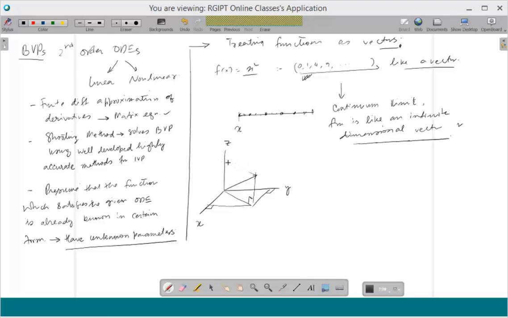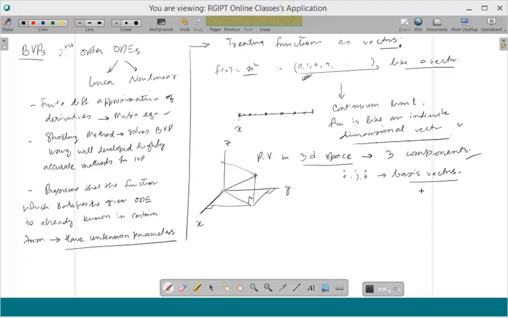In 3D space, I have a position vector with three components, which is why it's a three-dimensional vector, and it has a physical meaning in this case. Physically, we all know that this vector can be decomposed in terms of i, j, and k. These are the basis vectors.